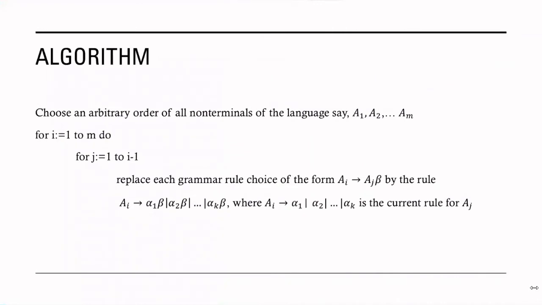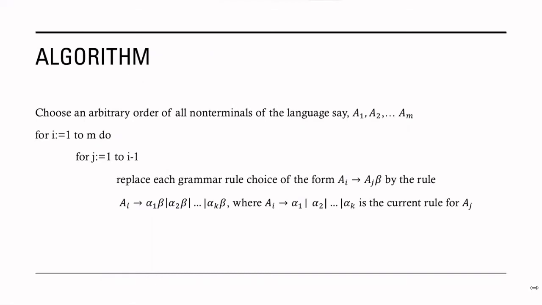So the algorithm is like this. First of all, we have to choose an ordering of all the non-terminals of the language. You can pick any order you want. We'll call the non-terminals A1, A2 up to AM. So if we have M non-terminals, then I'm going to order them A1, A2 up to AM.